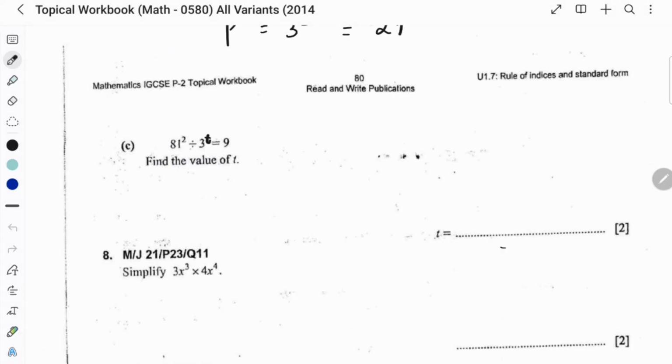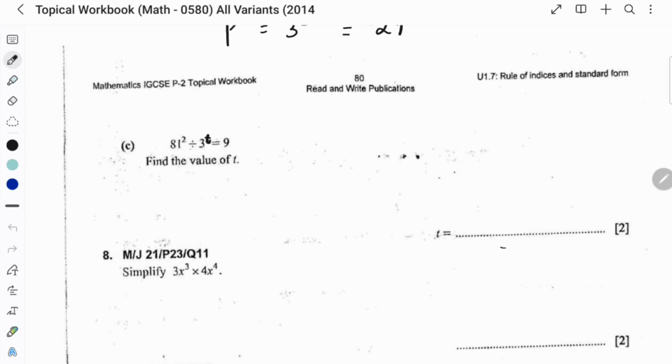Look at the next part, part C. Simplification and find the value, meaning the solution of the equation. So this is 81 square divided by 3 to the power t equals 9, and a calculator is not allowed here as well.